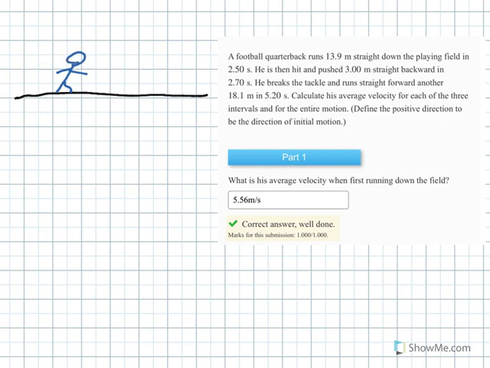So here's this guy. He's going to run in this direction. So that's his initial displacement, delta x. It's 13.9 meters. And that time interval is 2.5 seconds.